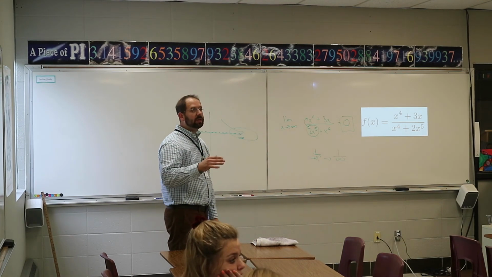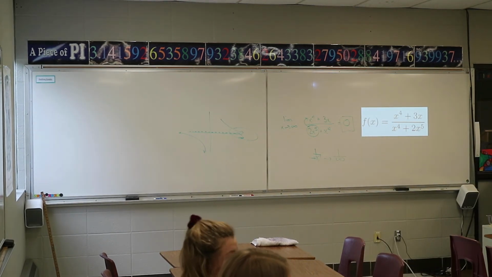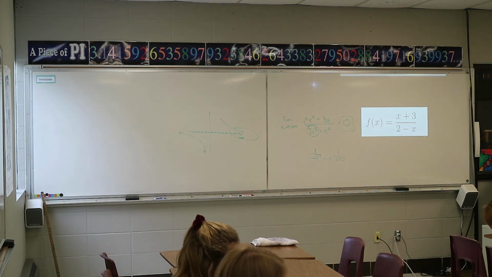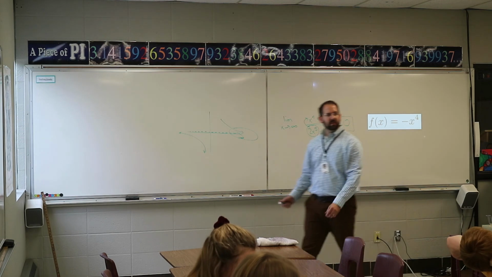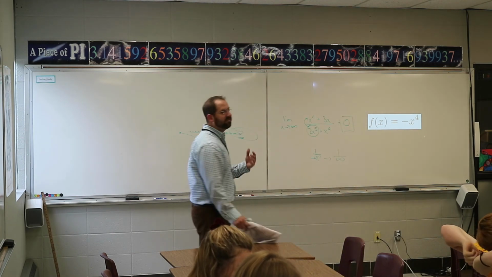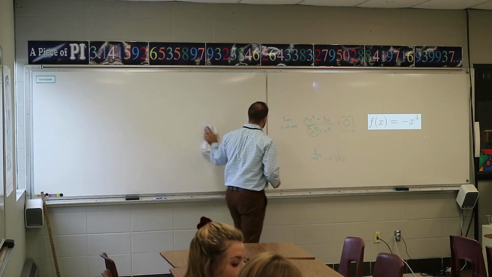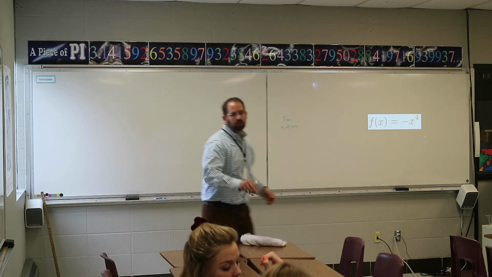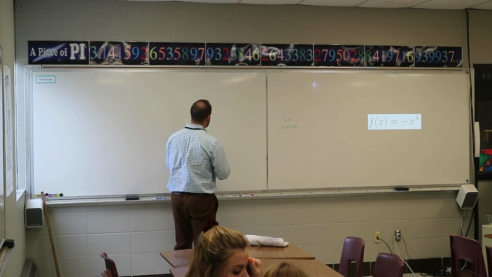Now, this is a completely different beast if I were to go back to the problem I did earlier. If I were to try to go to infinity, you have to think about what the graph's doing.